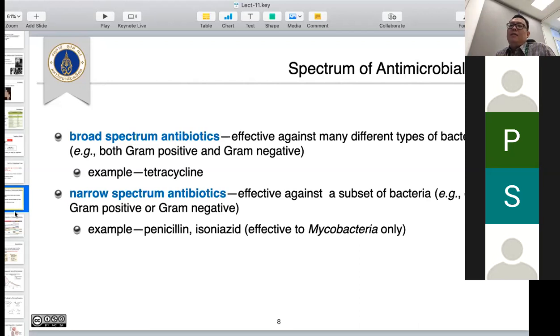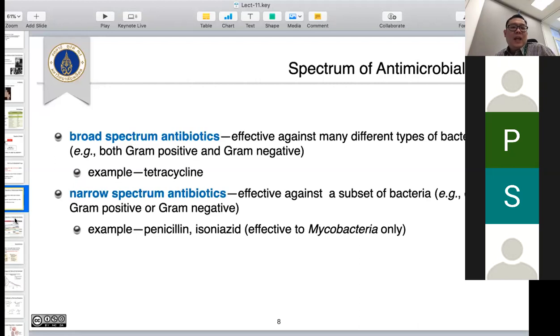Then he gives a broad spectrum gram-negative drug, and takes your blood sample, sends it to the lab, or maybe next week you come to see the doctor again. Once the lab report comes out, he knows the causative agent, then he changes the medicine. Then this is a narrow spectrum drug to kill that bacteria. Okay, this is the idea.